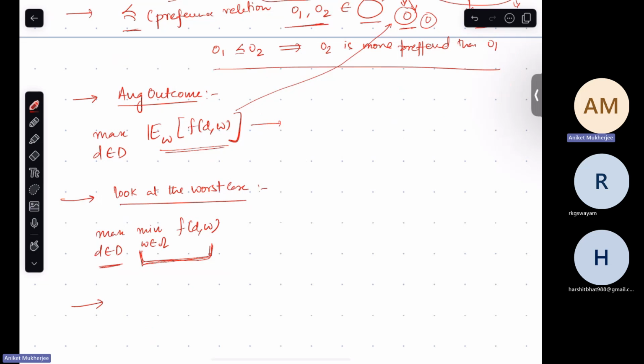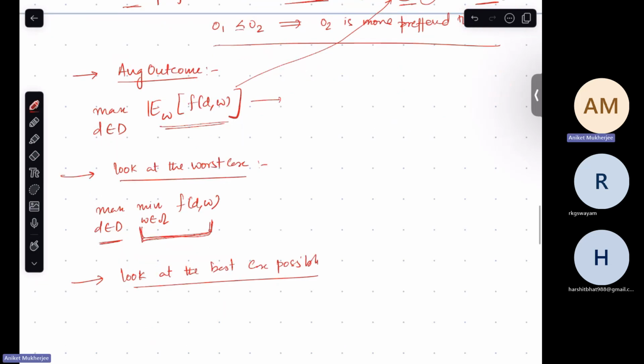Or you could look at the best case possible. In the best case, you would be maximizing the decision such that you maximize your output.